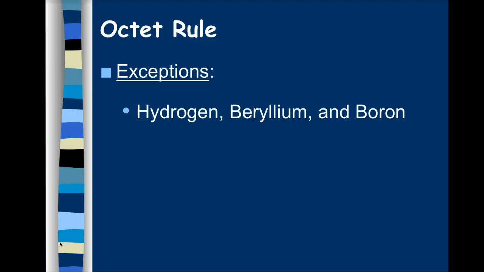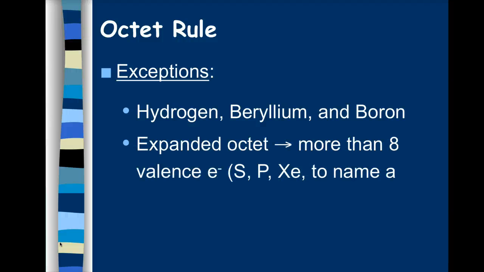If you look at their placement on the periodic table, they're up relatively high, and they won't necessarily have the octet. They'll be satisfied without that. Actually, hydrogen is satisfied with just 2 because it's the s orbital that's being filled. It will be satisfied with a duet. Beryllium and boron are so small that they will be fine if they are only having 6 electrons.